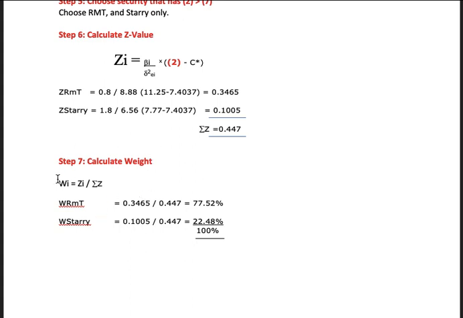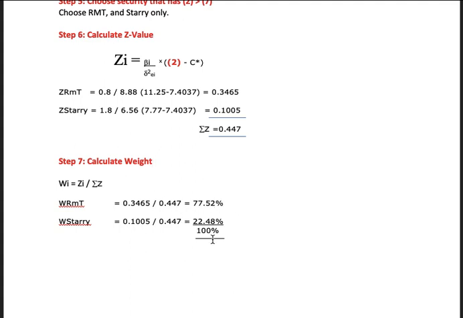Okay, so the formula to calculate the weight is equal to the ZI divided by the total Z. Okay. So the weight for RMT, ZI for RMT just now 0.3465. Ini yang kita kira dekat atas ni. Okay, divide by the total Z 0.447. So you will get 77.52. So in percentage lah. Okay, in percentage, so dia akan jadi 77.52%.